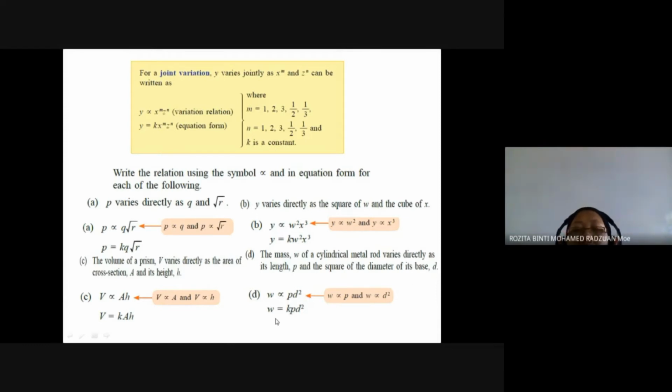So W equal to K P D squared. So this is how we transfer the words to the variation relation and the equation form.